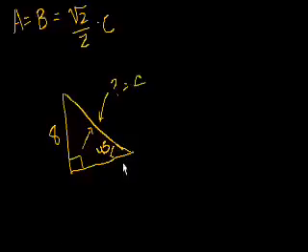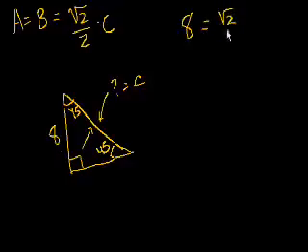And we also know this is a 45, 45, 90 triangle, right? Because this angle is 45, so this one also has to be 45, because 45 plus 90 is 180. So this is a 45, 45, 90 triangle, and we know one of the sides, which could be A or B. We know that 8 is equal to the square root of 2 over 2 times C. C is what we're trying to figure out.